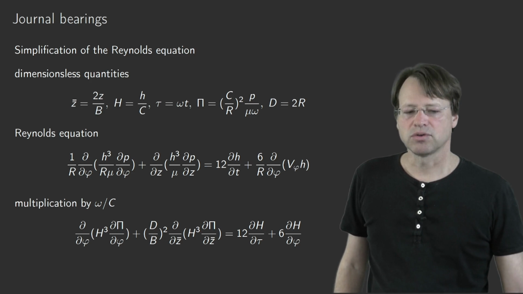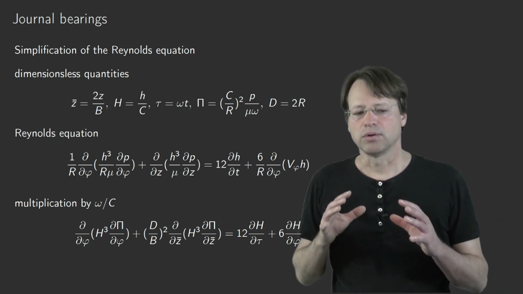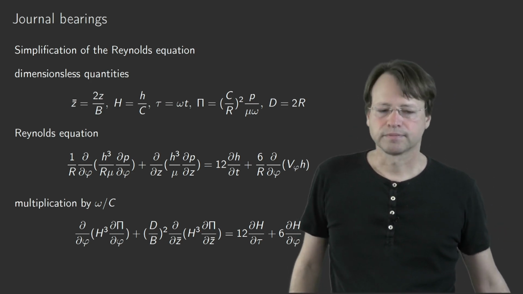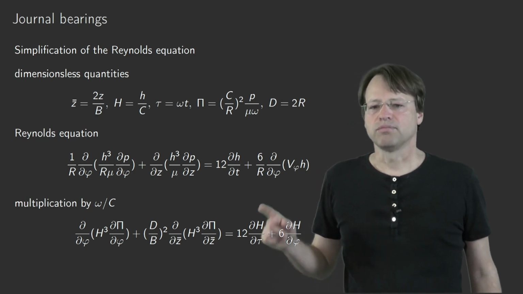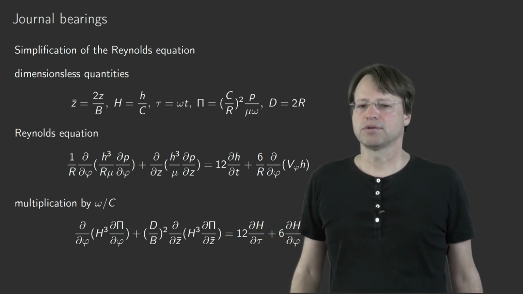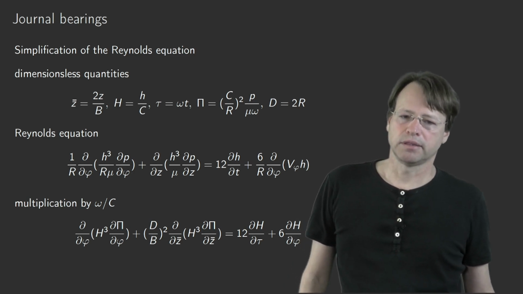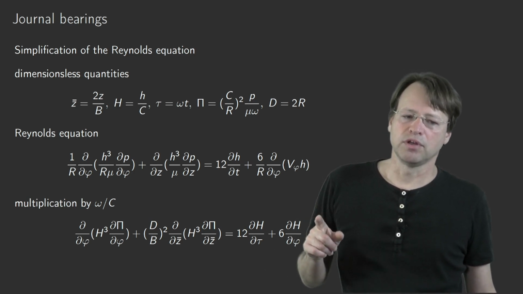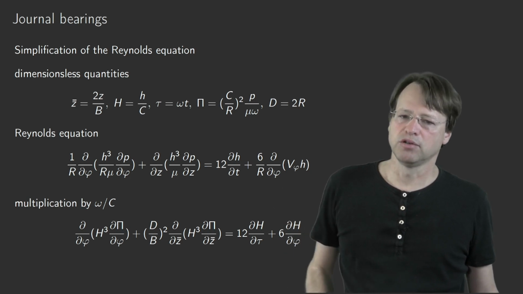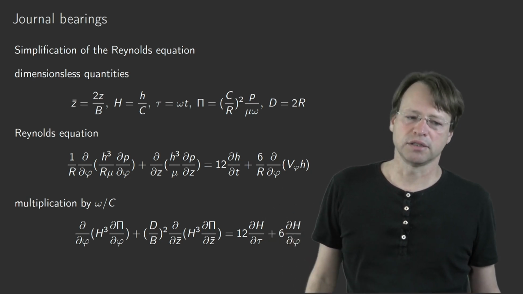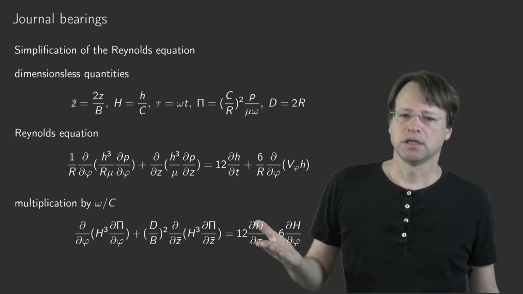Now, what can be said about the order of magnitude of these terms? Perhaps you would say that if we look at D and B, the right-hand side is independent of D and B. That's quite clear.